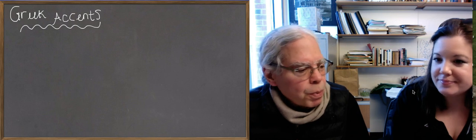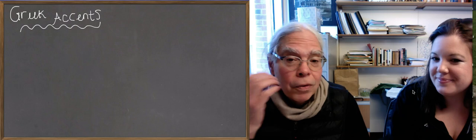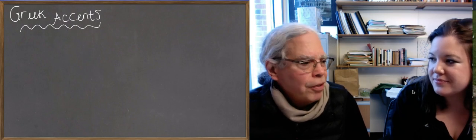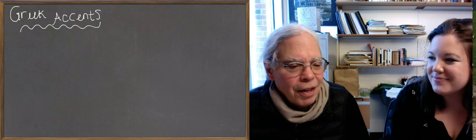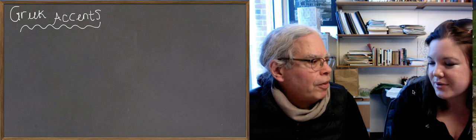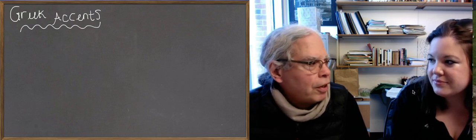There's no space between the words, and there are no accent marks. They knew what they were doing. They knew where the accents were on the words, so why should they write them? Why put spaces between words? That just took up space on the stone. A lot of things are different when it's your own language.